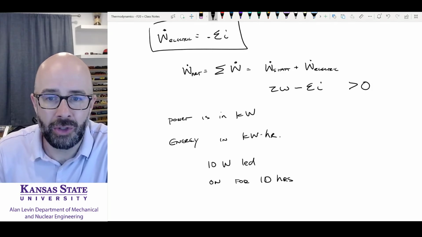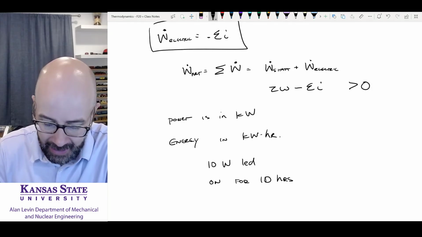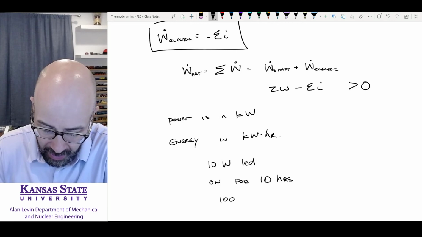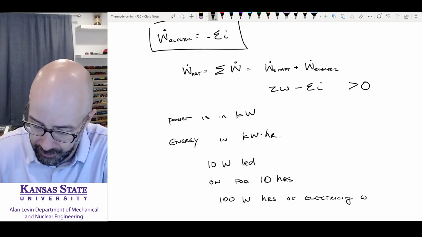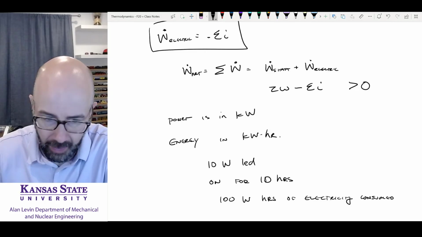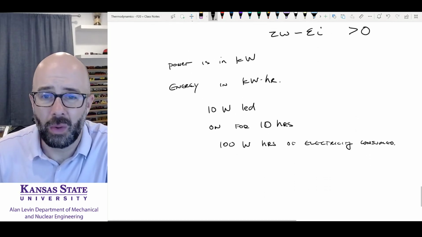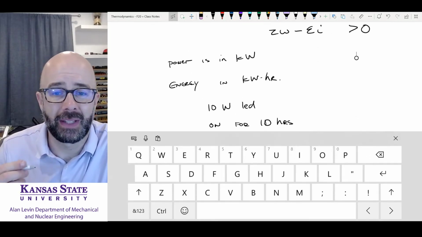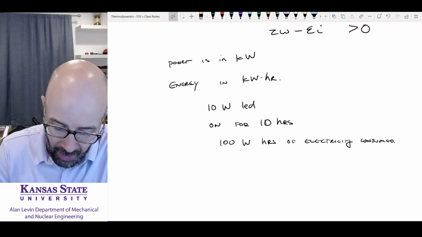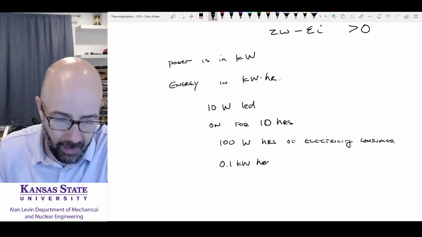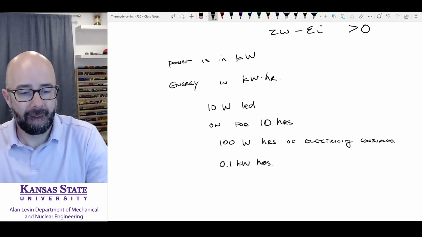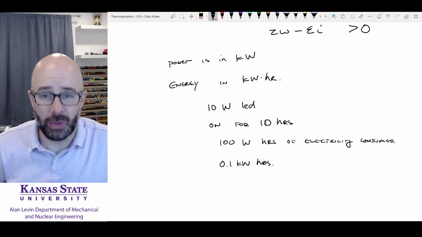What it's going to consume is 10 times 10, or 100 watt hours of electricity consumed. Now we don't talk about things in watt hours, we talk in terms of kilowatt hours, and so that is going to be 0.1 kilowatt hours. That's the energy use.